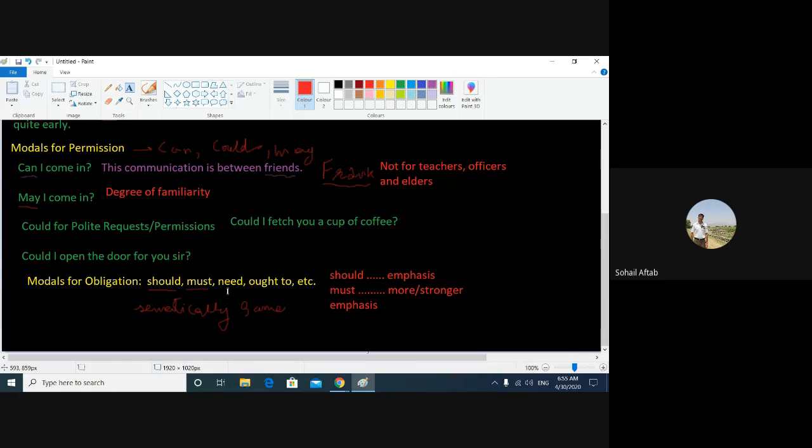And then there is another would structure in comparison with used to. So these will be some of the things I'll cover in my next lecture. They need some time, some examples, and some practice.